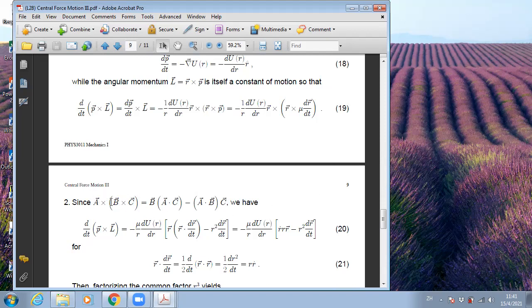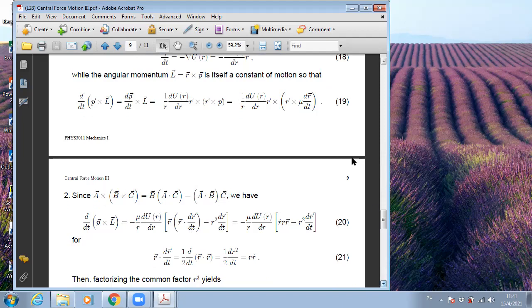It is equal to B vector times A dot C minus A dot B times C vector. All right, this is the triple cross product. Here we can easily see that we have a triple cross product, so we apply this formula to evaluate the right-hand side of equation 19.